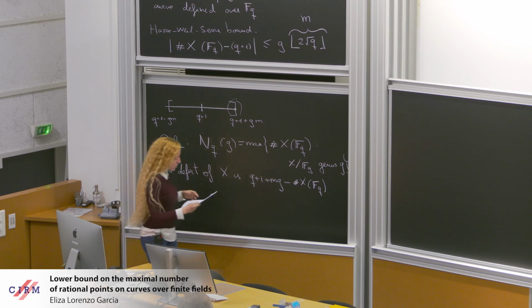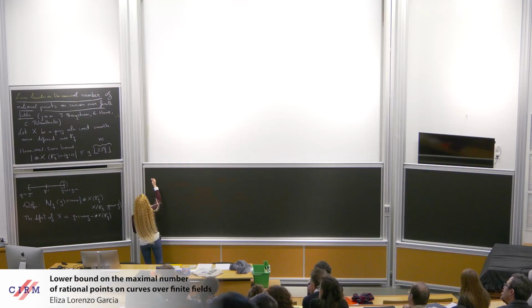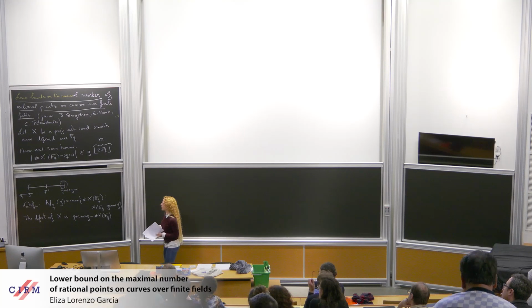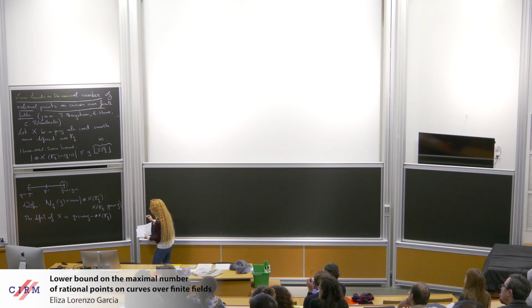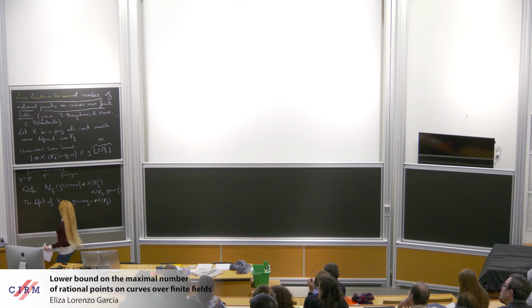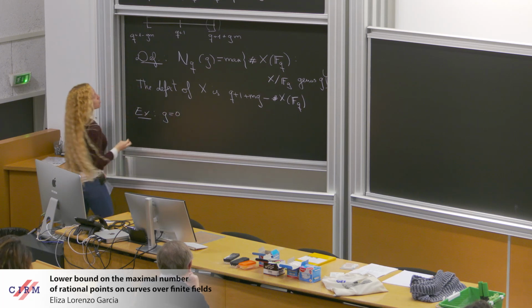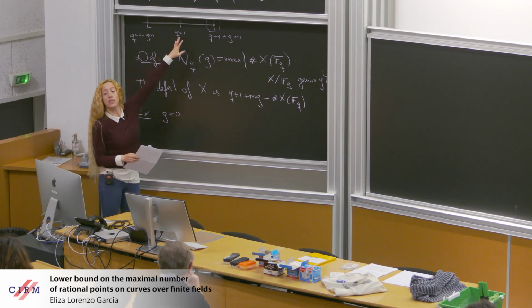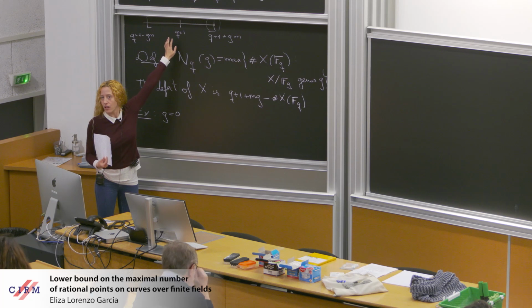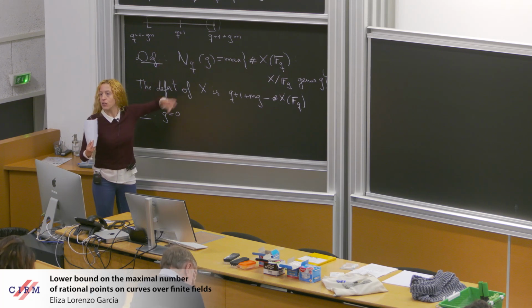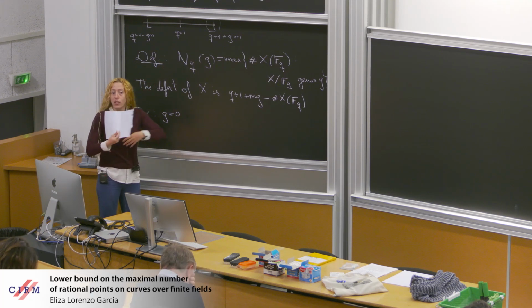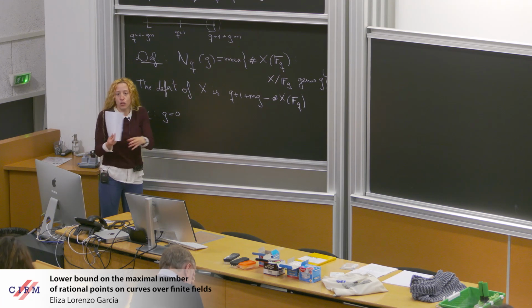So one of the first results in this idea, well, maybe a remark, let's do an easy case. What happens if the genus is 0? So this is going to be an example. If the genus is 0, then actually this interval is trivial, right? All genus 0 curves over finite fields are just P1, you get q plus 1 points, and then the defect is always 0.